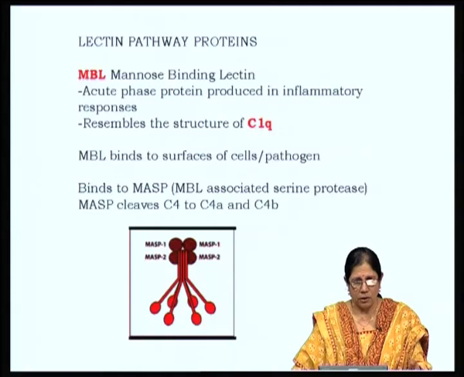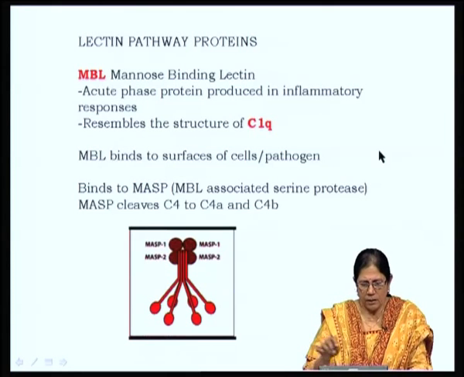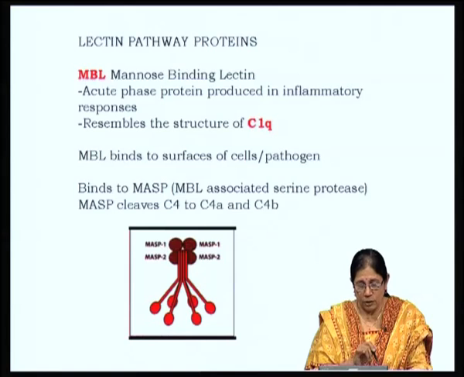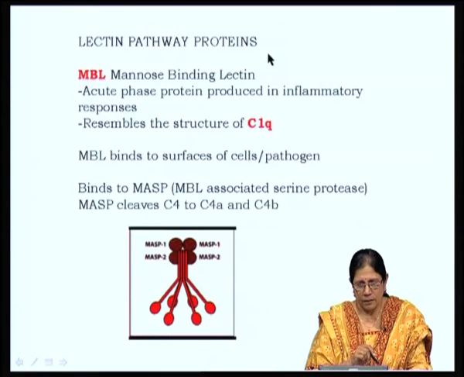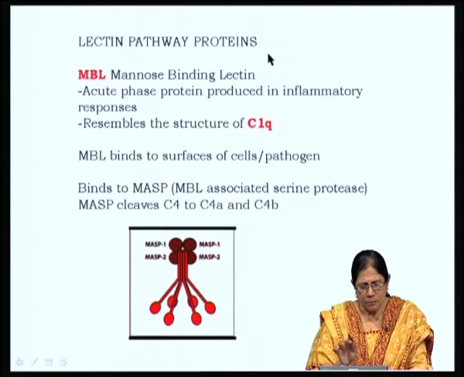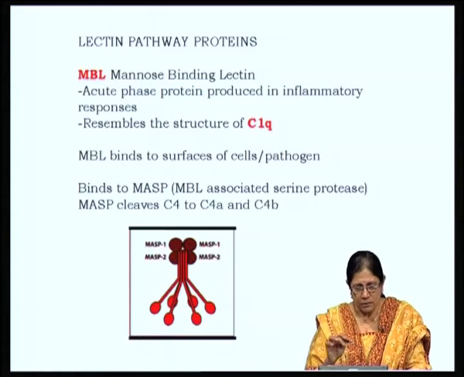Let us come to the third pathway, which is also a part of the innate system in the true sense, because its activation is also through the innate pathway, where no antigen antibody interaction needs to happen. This is the lectin pathway. Lectins are proteins that bind to sugars. Each one has different specificity.